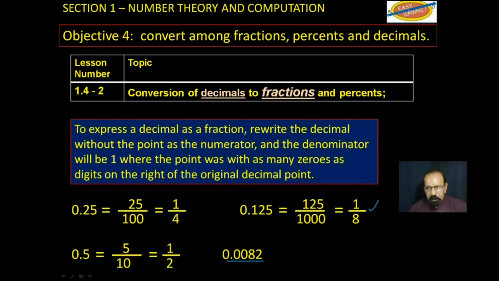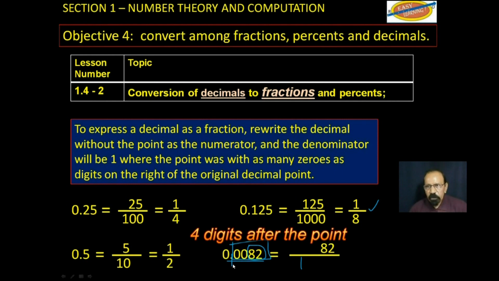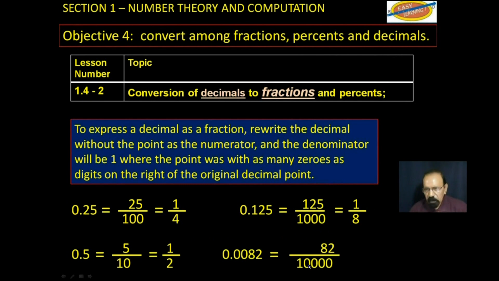0.0082, again, the same principle. Above the line, you would write 82, but below the line, you would write a 1 for that point. So you would write 1, 2, 3, 4 zeros, and then you will reduce that. So you get 82 over 10,000.